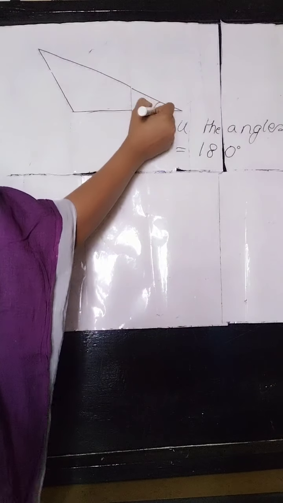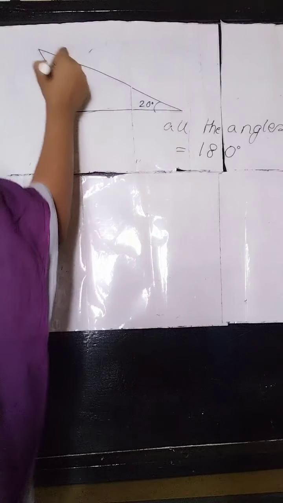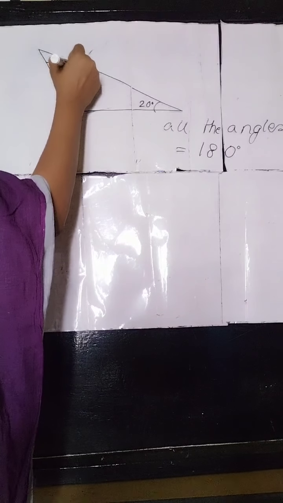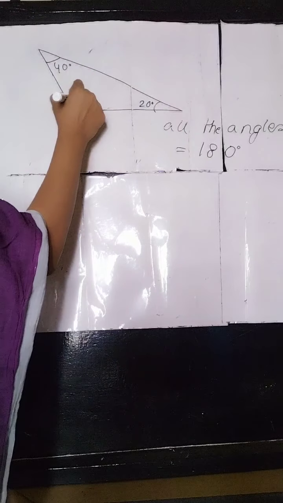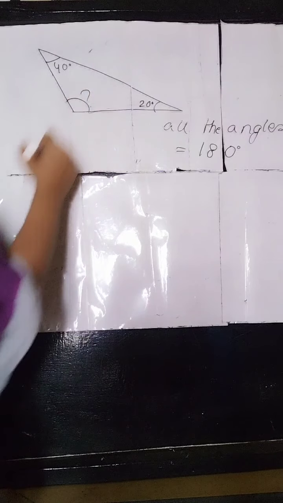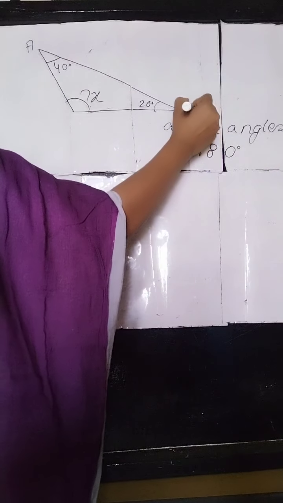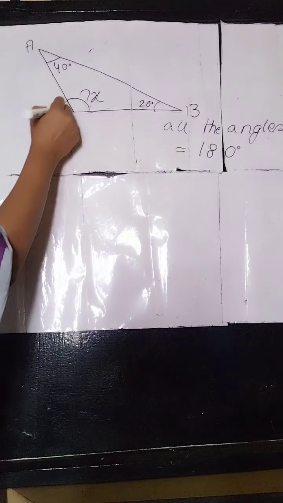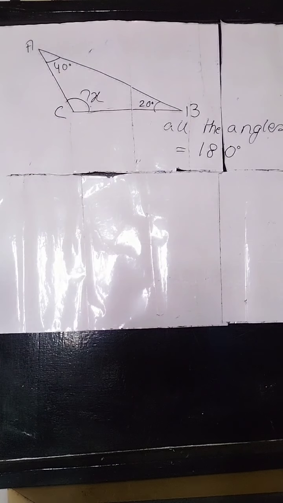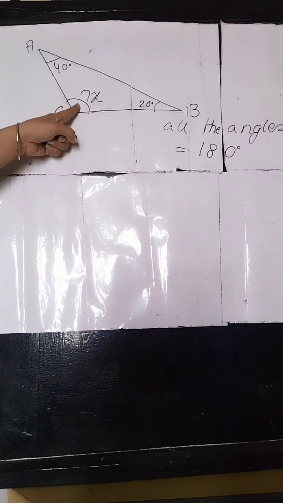Say this is given as 20 degree and this is given as 40 degree. You are asked to find out the value of the third angle which is missing, which we will assume as X. Suppose angle A is 40 degree, angle B is 20 degree, and angle C is missing. The value of angle C is required to be found out.